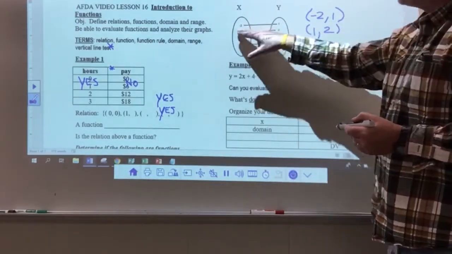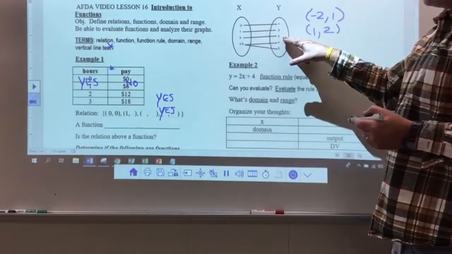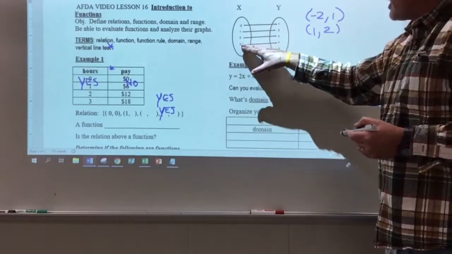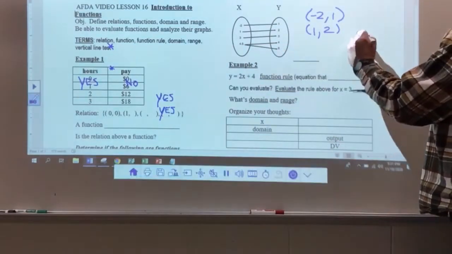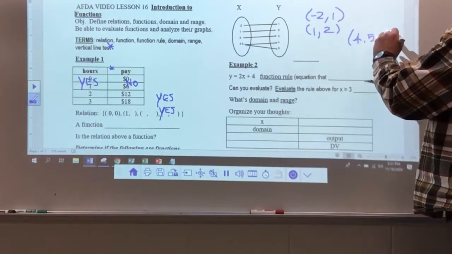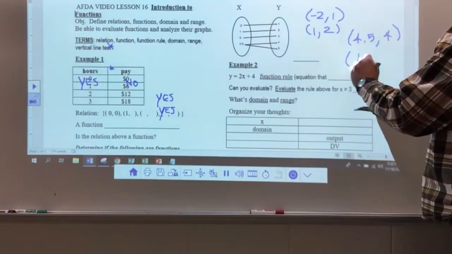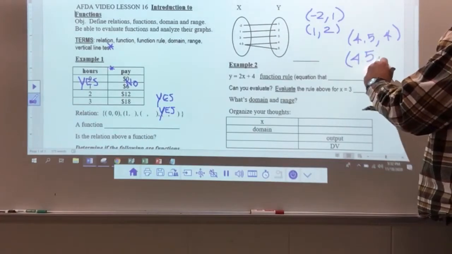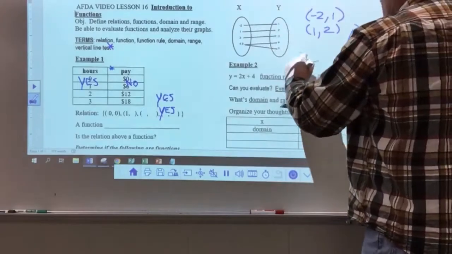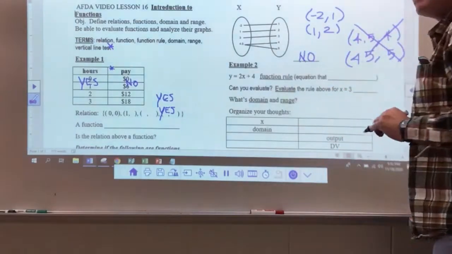But looking at this, there's an x, a 4.5, that goes to a 4 and it goes to a 5. If you're writing down ordered pairs, you'd write 4.5 with a y value of 4, and then it would repeat itself, 4.5, going to a 5, and that's no good. So this mapping problem is a no.